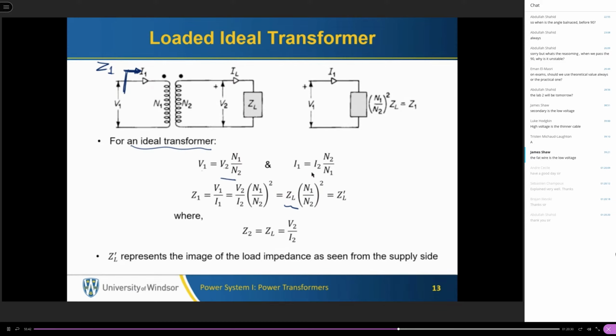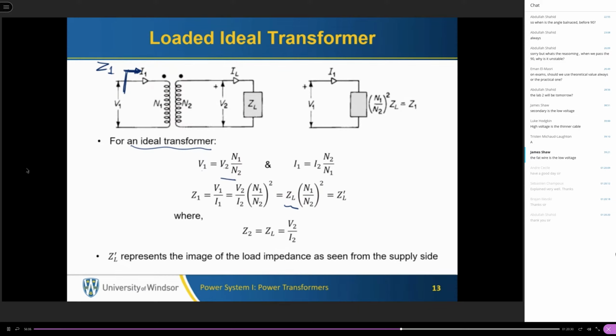Why do we need to do that? We need to do that to solve the circuit, solve the power flow problem. Like if you look at this transformer, there is actually a gap here. There is like a magnetic circuit. We have to get rid of this magnetic circuit in order to analyze the transformer.